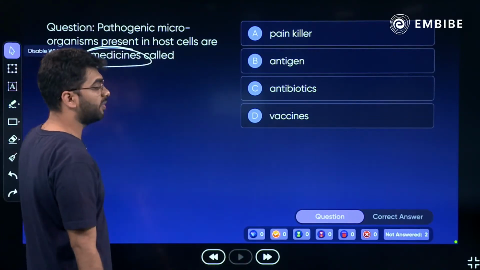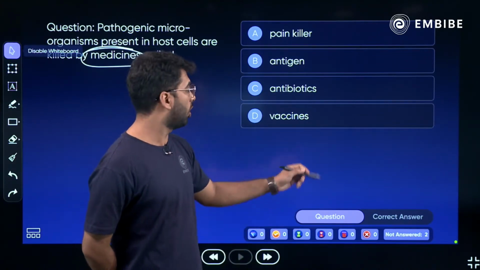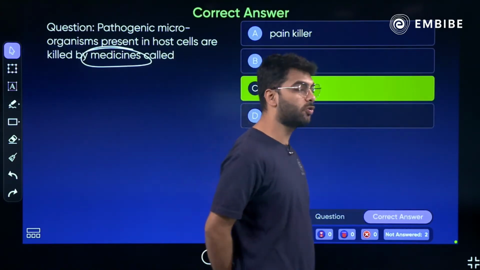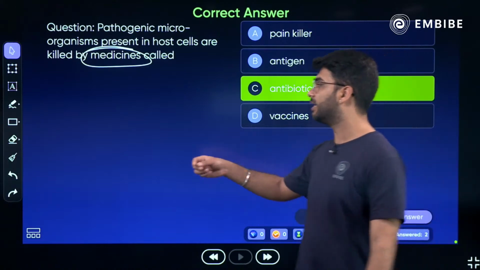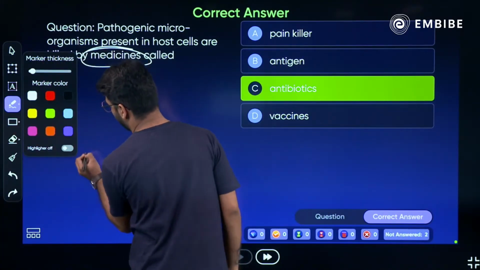Only Abhinav is answering. What about others? Okay, very good, Shri Krishna, very good, Dhruv. So you all are saying that it is antibiotics. Absolutely correct. The first antibiotic in the world was penicillin.